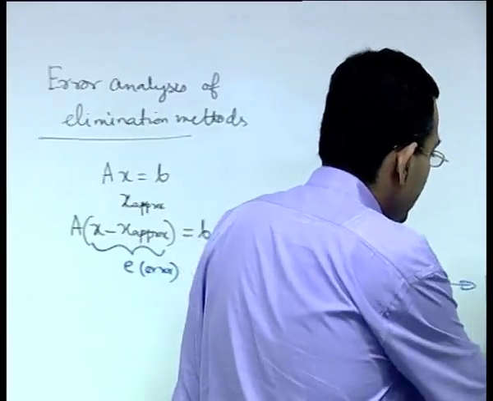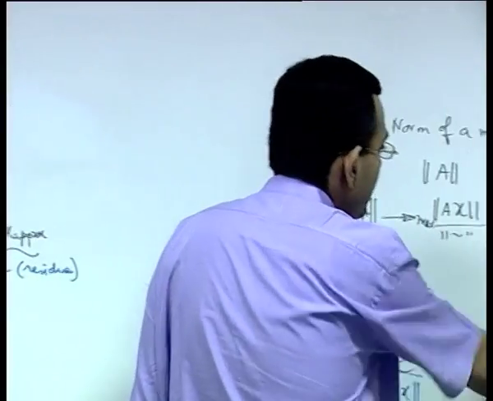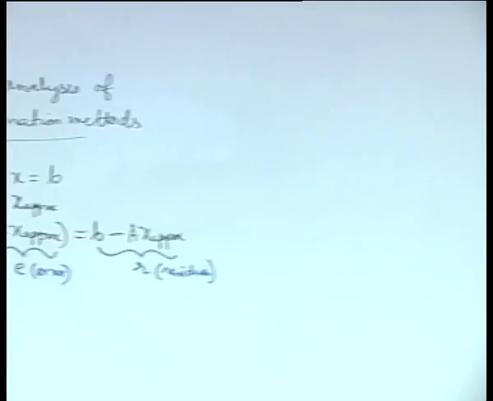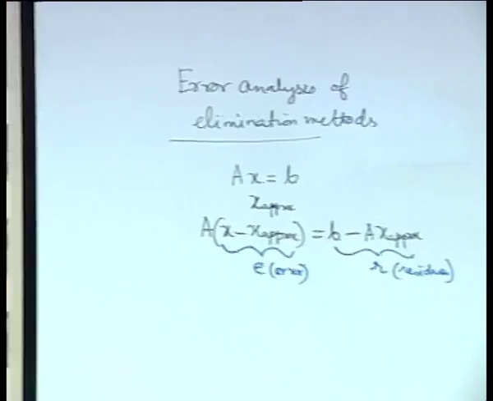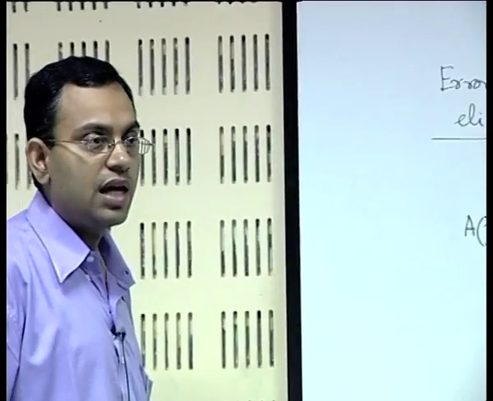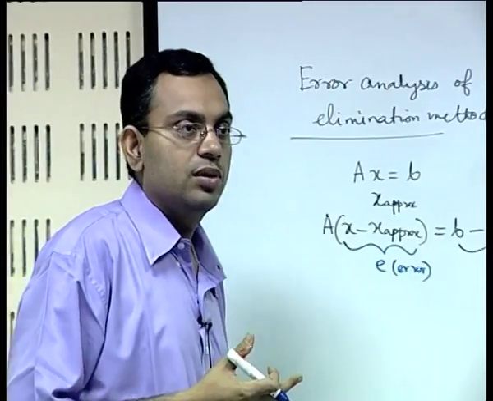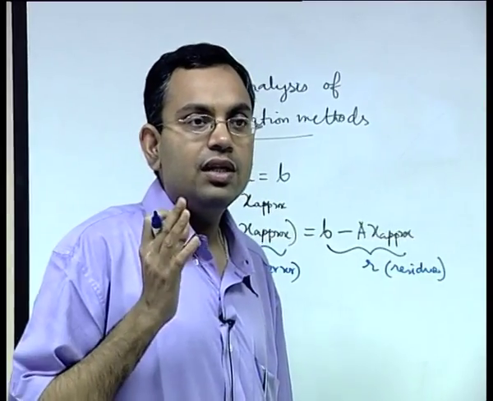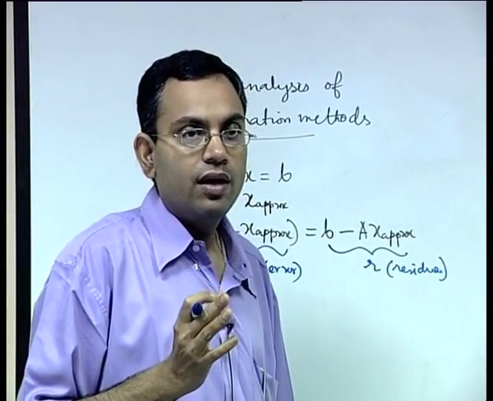Now, the question is what do we intend to do in the error analysis? In the error analysis, we want to highlight an estimate of an upper bound of the error, that is, what can be the maximum possible error incurred. Always remember why we need an error analysis.